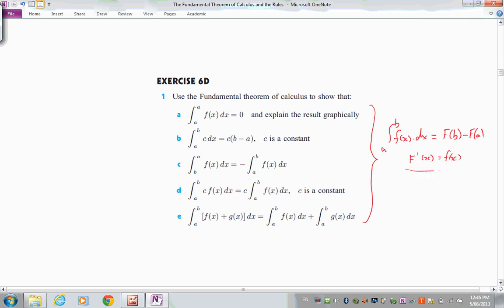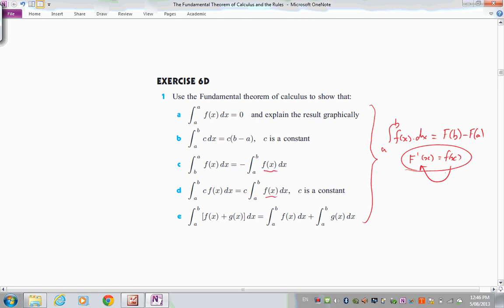So you've got to treat f of x as a derivative and come back and find the function which, when differentiated, would give it. But we're not into that right at the moment. We're just into the general functions here.